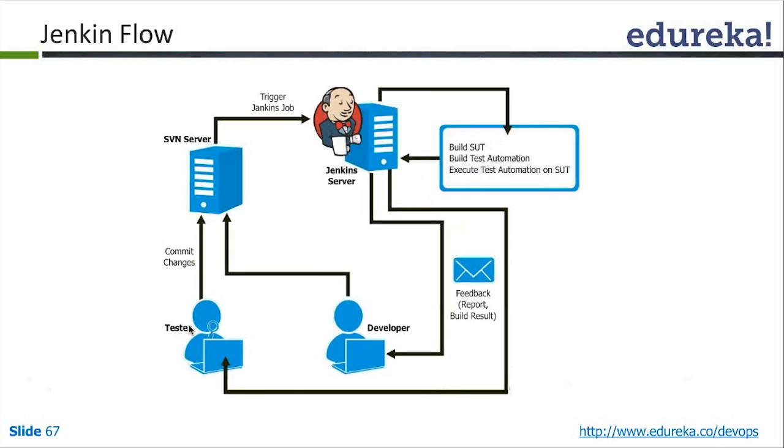If all is fine, the tester can commit the change into the production branch, or Jenkins itself can commit into the production branch. From that point onward, it's for the other tools to do the complete deployment aspect.